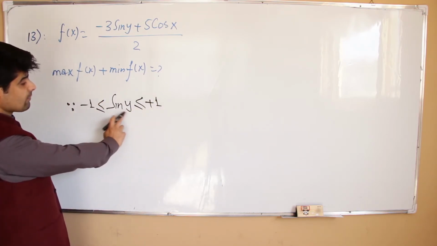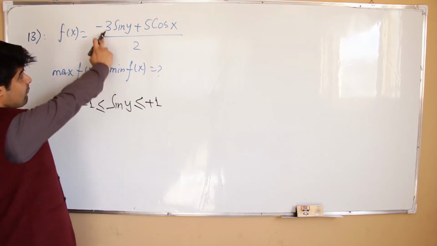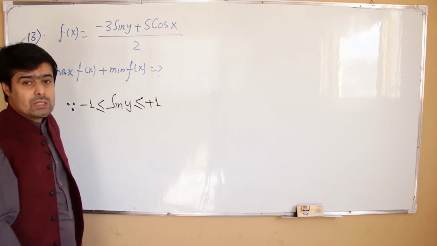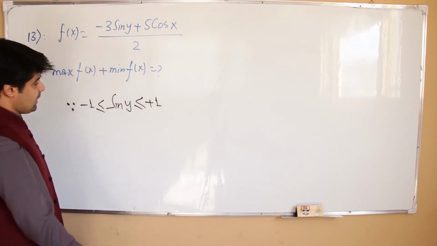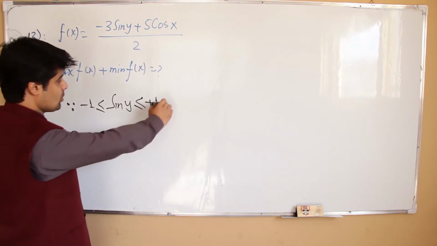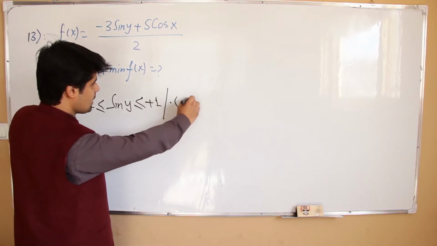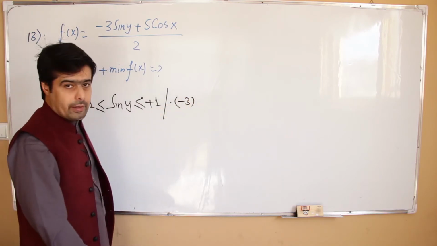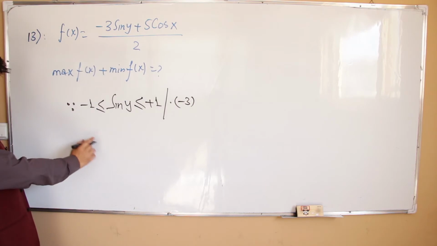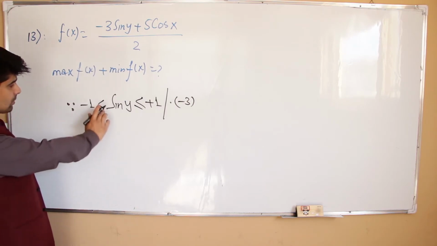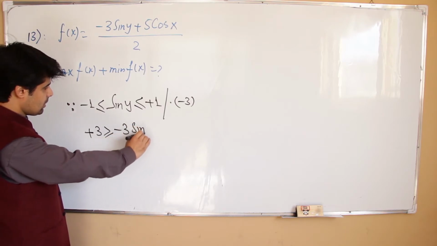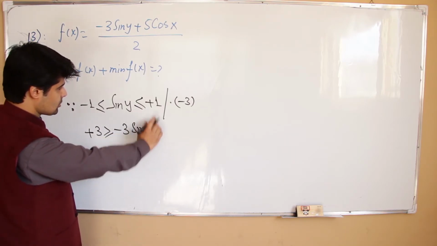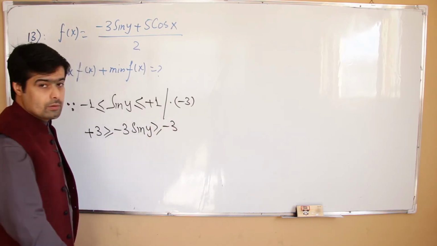But we don't have sine y. We have minus 3 sine y, or negative 3 sine y. So I have to multiply this inequality by negative 3. This one is positive 3, this one is changed, it is minus 3 sine y, and this one is minus 3.